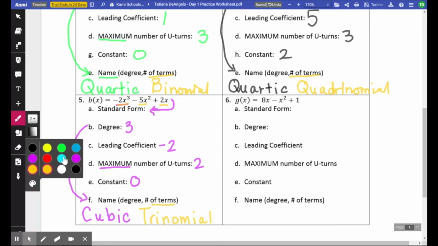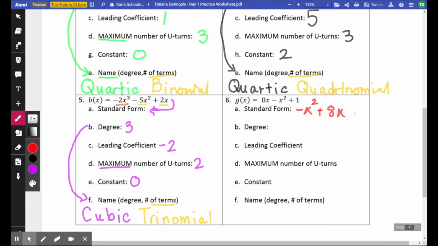Lastly, we have this 8x minus x squared plus 1. It is not in standard form. I need to rearrange it so that my negative x squared is first, followed by positive 8x, and then plus 1.